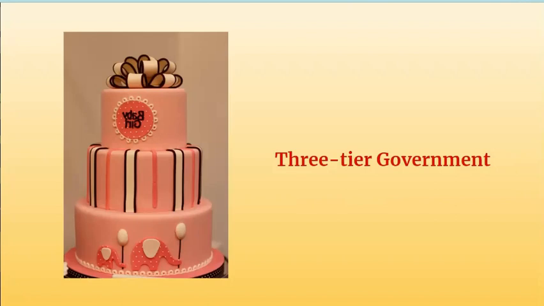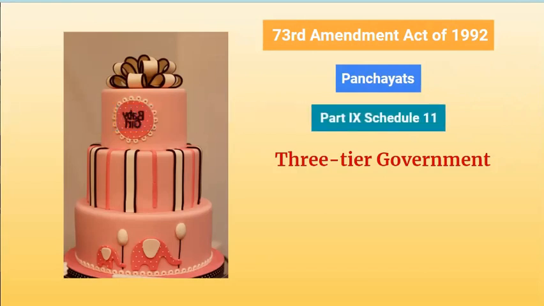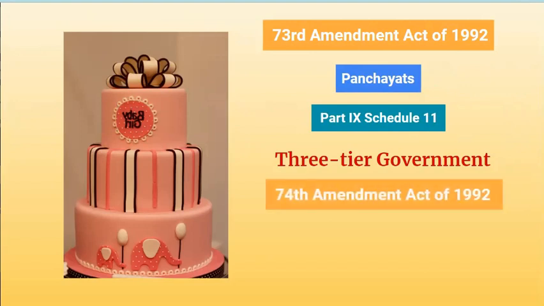But later, the 73rd Amendment Act of 1992 gave constitutional recognition to the panchayats, which you call rural local governments, by adding a new Part 9 and a new Schedule 11. Similarly, the 74th Amendment Act of 1992 gave constitutional recognition to the municipalities, which you call urban local government, by adding a new Part 9A and a new Schedule 12 to the Constitution.